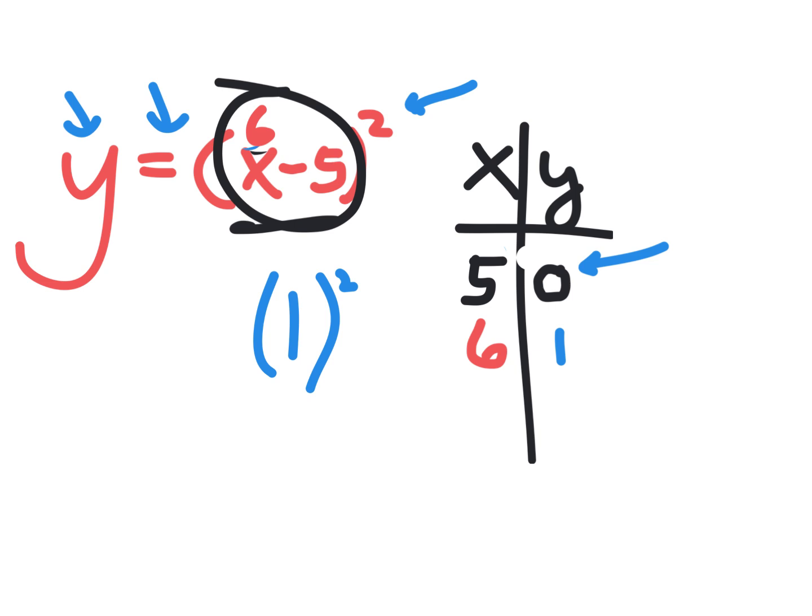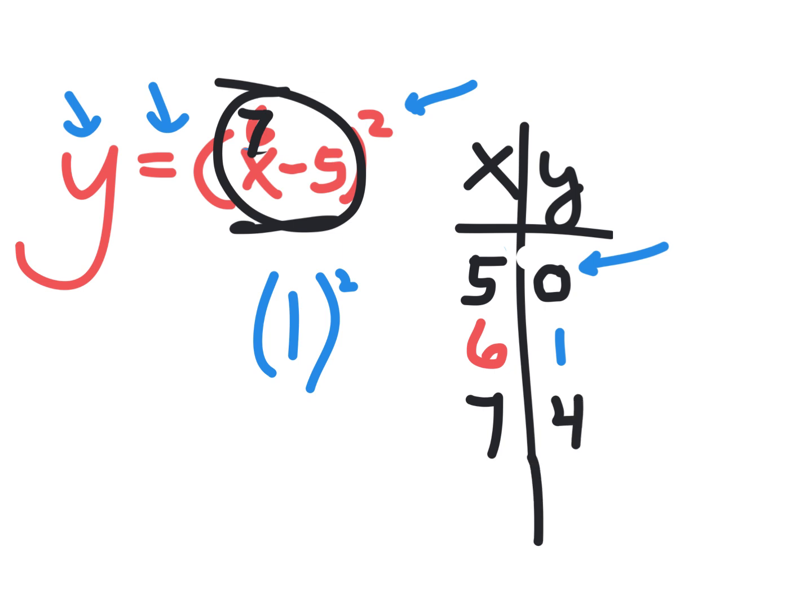All right, we put in 5 and 6 and maybe 7 then. Just keep numbers that are close to each other. Pierce, if I stick in 7. 7 minus 5? 2 squared. 4, yep. 7 comma 4.